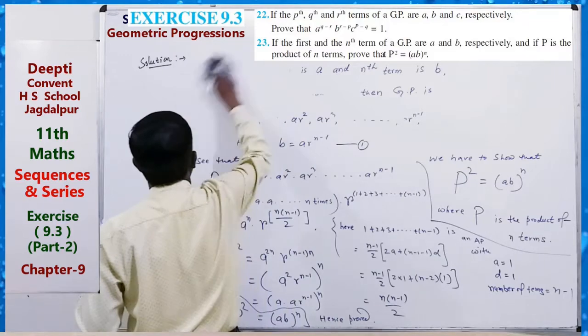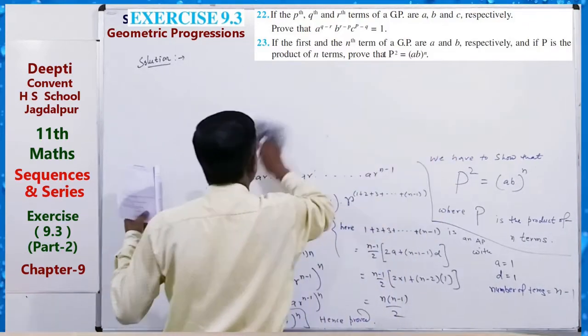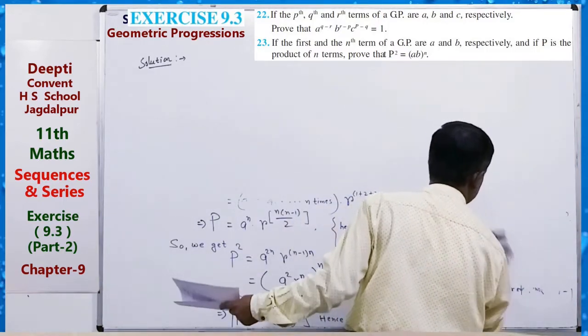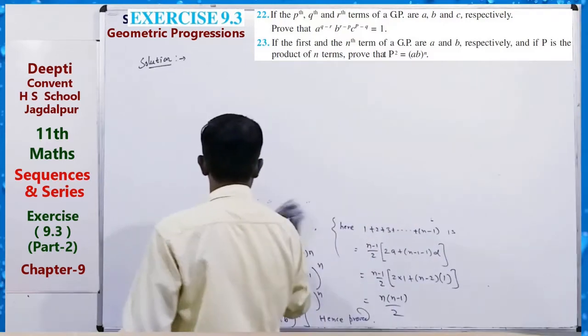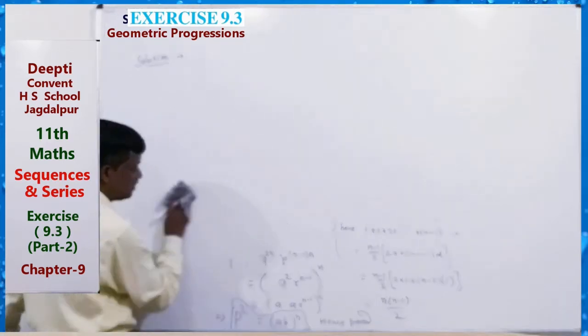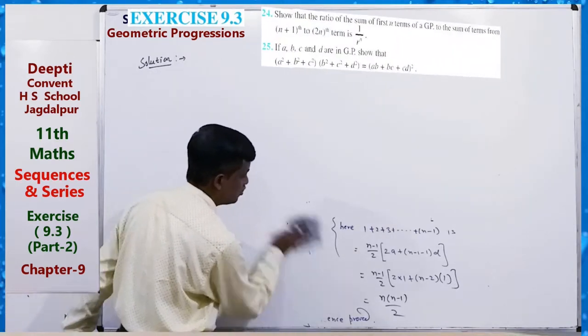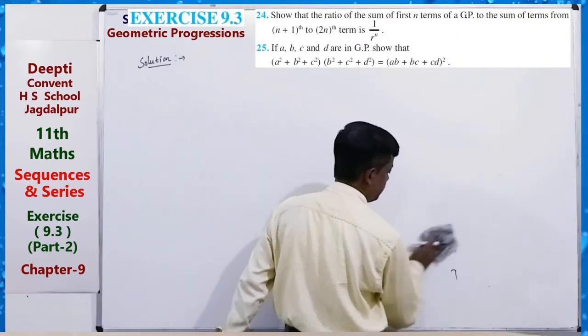So it is also a simple question. We have to find the ratio of the sum of first n terms to the sum of next n terms, that is n plus 1 to 2n terms. Okay.